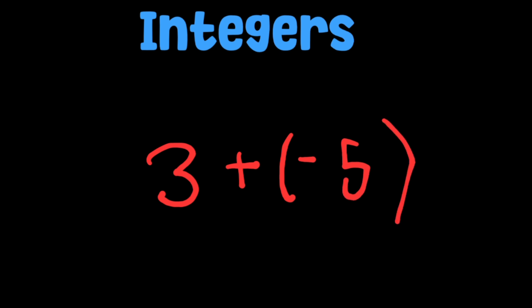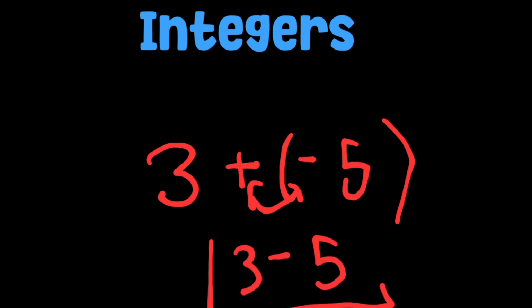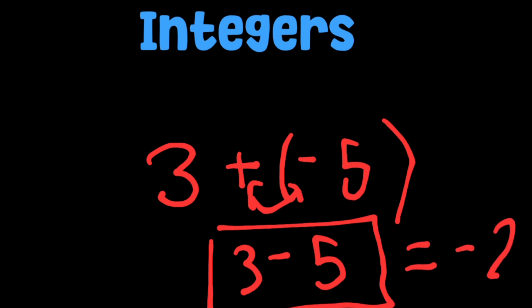In a mathematical expression, we would have 3 plus -5. Now, plus and the negative sign give us a negative sign, so we will just remain with this, basically 3 minus 5, which also gives us a result of -2.